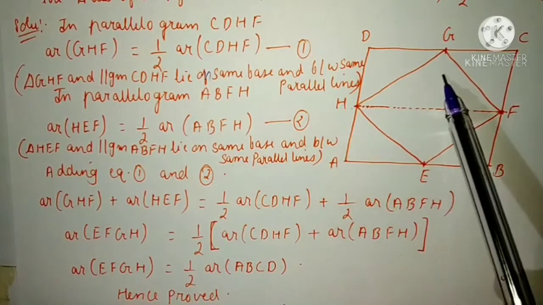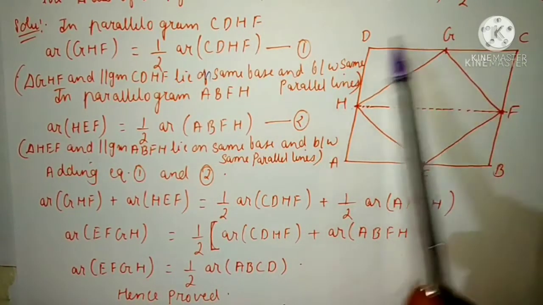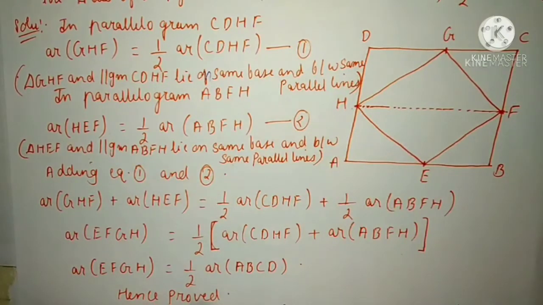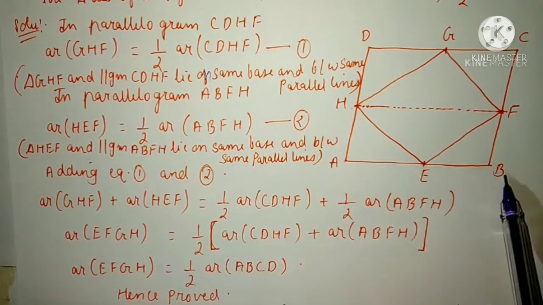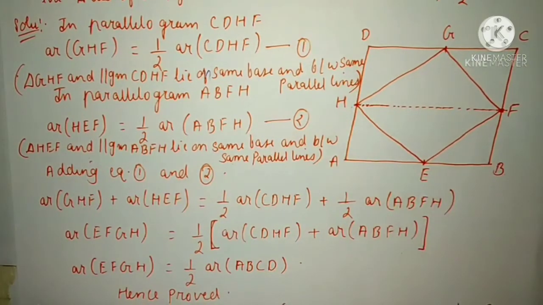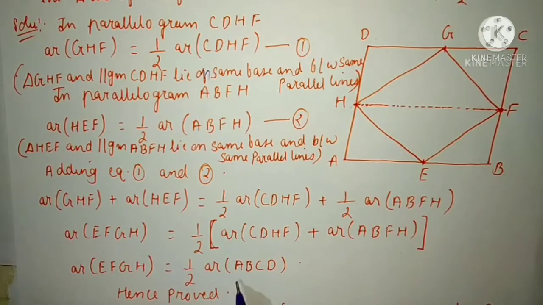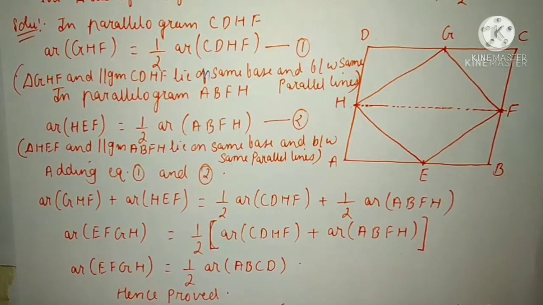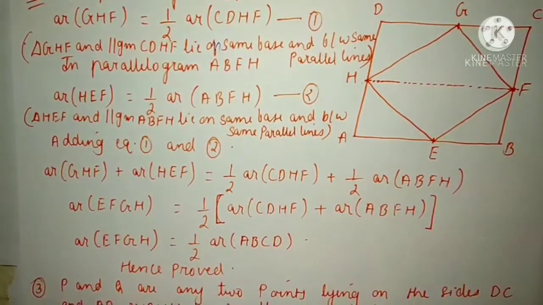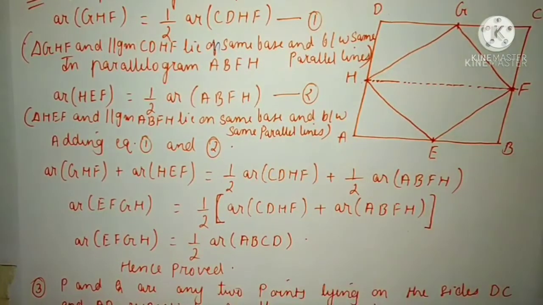Now when we add these two parallelograms, then the full parallelogram will be formed. That means this sum will be equal to area of ABCD. Okay, so we can write this is equal to half area of ABCD, and this is what we have to prove. So we can write hence proved.